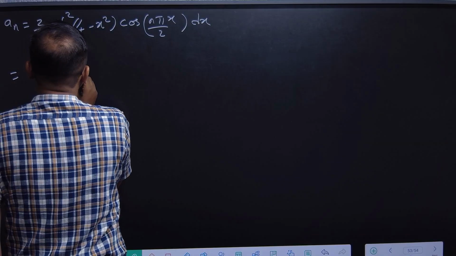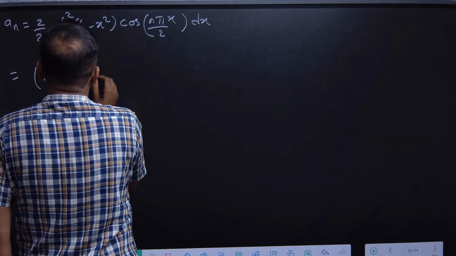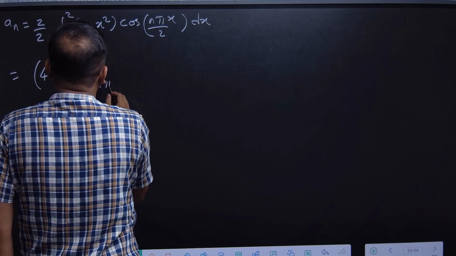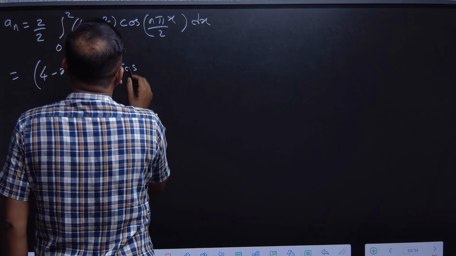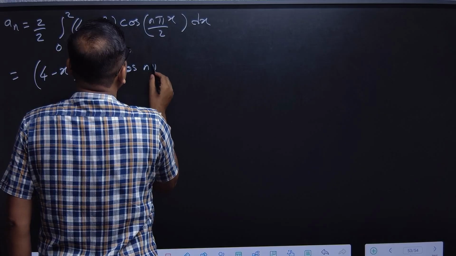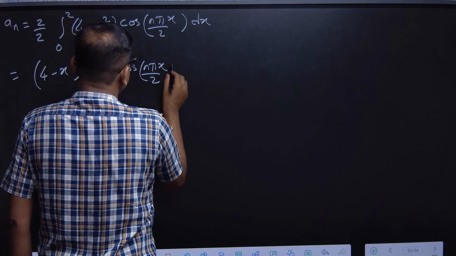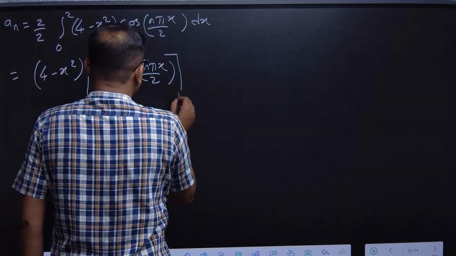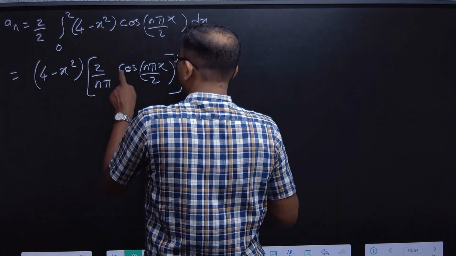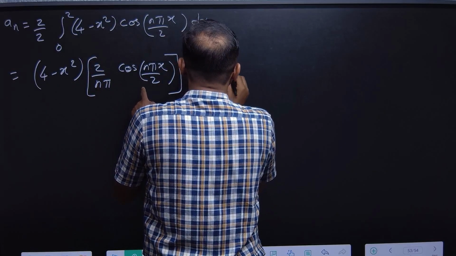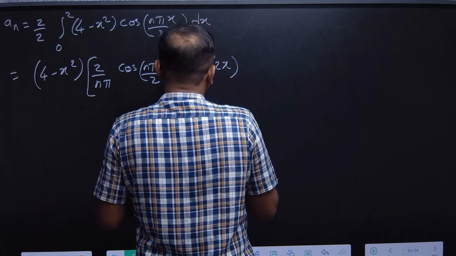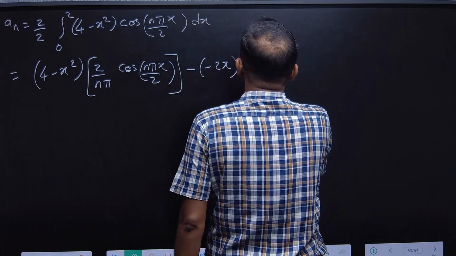It is u into v1, where u is 4 minus x square and V1 is 2 upon n pi into sin of n pi x upon 2, minus u dash, where u dash is minus 2x, into v2.